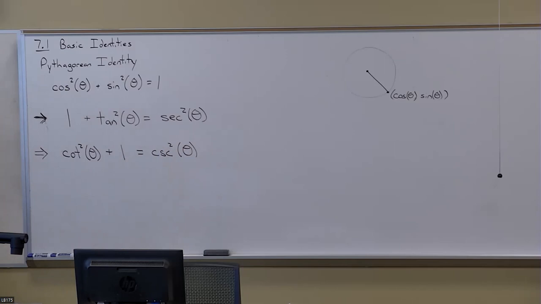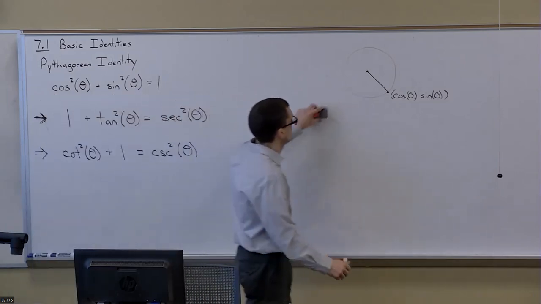So tangent and secant are related with this Pythagorean identity, and cosecant and cotangent are related with the other Pythagorean identity. I don't think I showed you how I got this earlier in the semester. I don't think that came up in chapter 5.